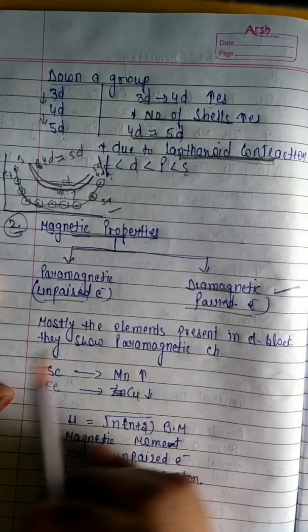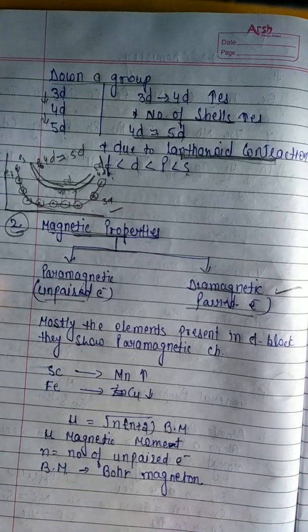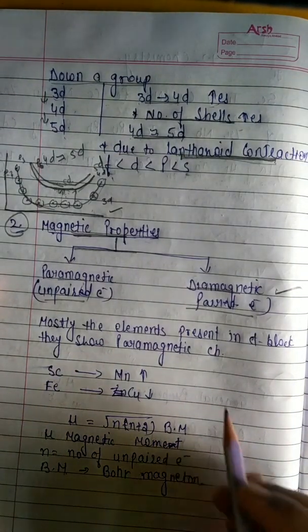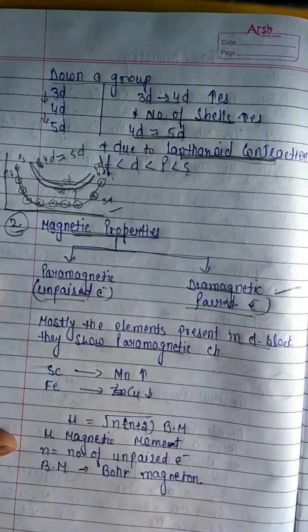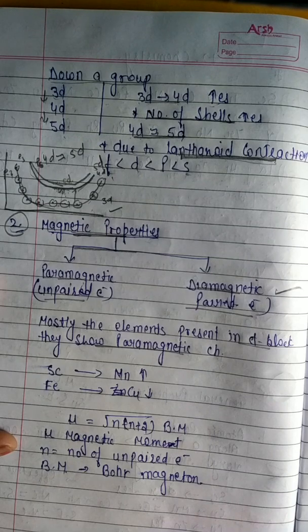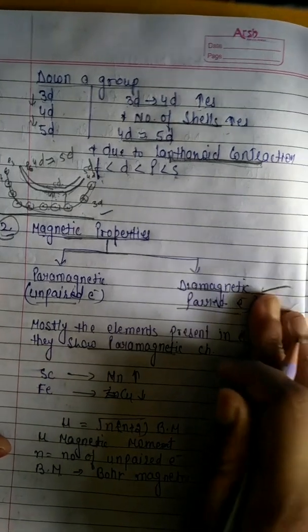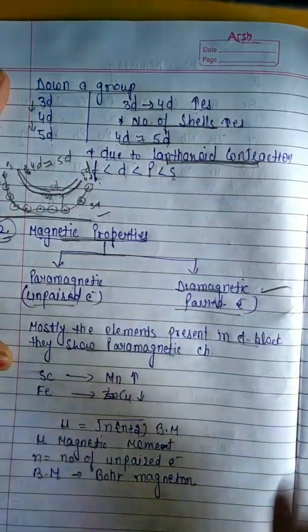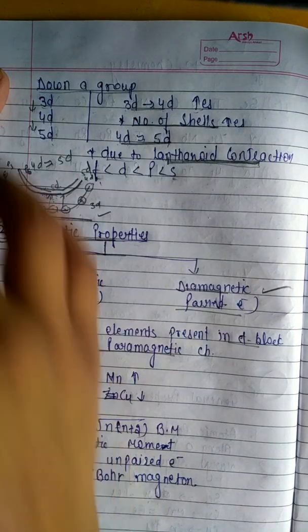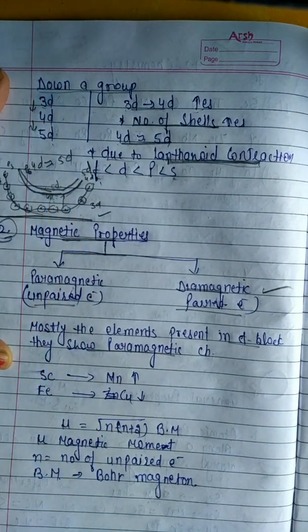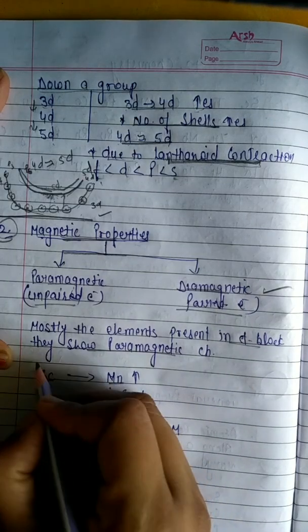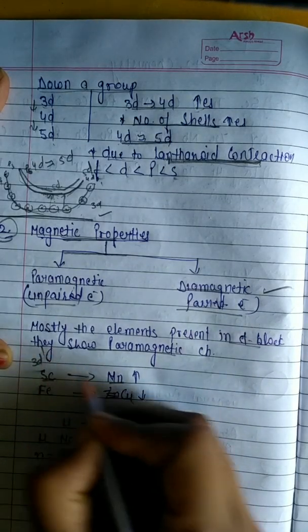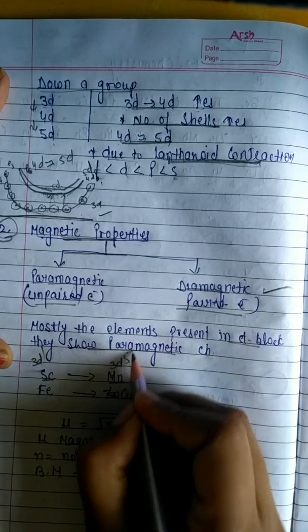But if we are talking about the transition elements, mostly the d block elements show paramagnetic character. In this, unpaired electrons are present. If we are talking about the 3d transition elements or the 4th period, then when we move from scandium to manganese, in scandium that is 3d1, and in the case of manganese that is 3d5.